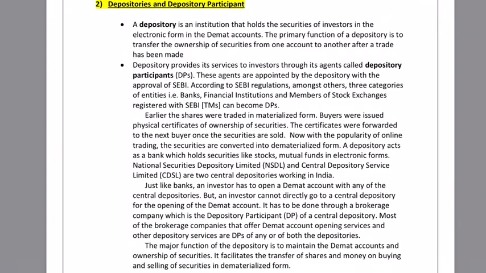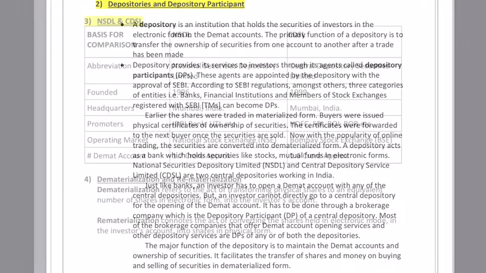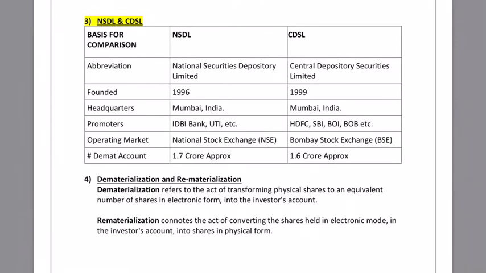So with this we'll move on to the next topic. Continuing with depositories, we'll talk a little bit more about NSDL and CDSL. I've given this as a comparison. The abbreviation of NSDL is National Securities Depository Limited, and CDSL is Central Depository Services Limited.